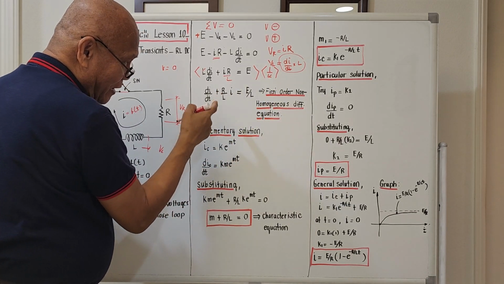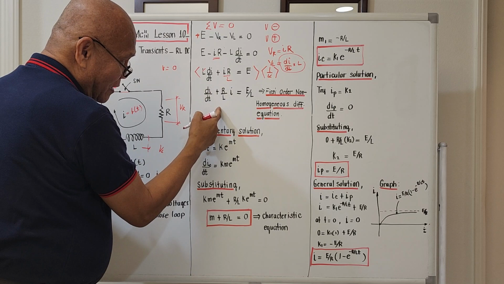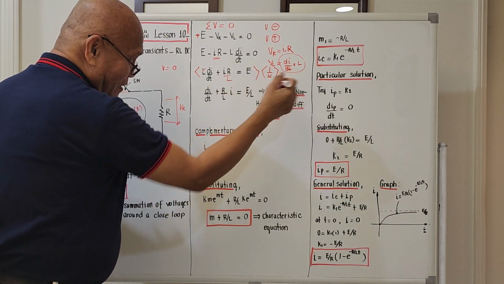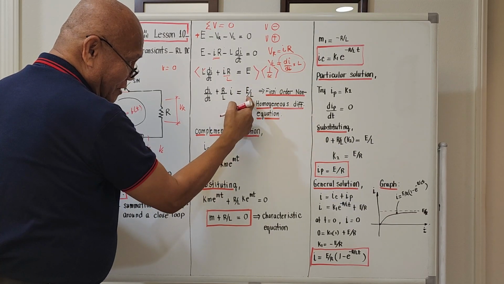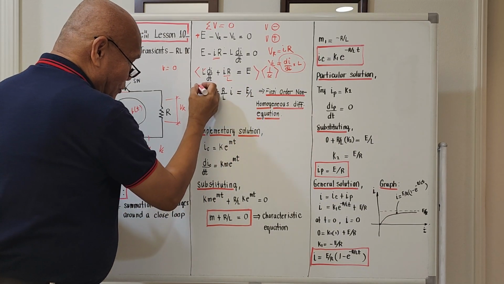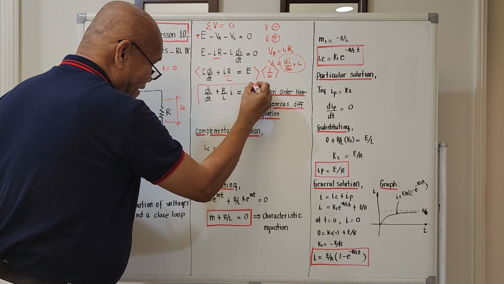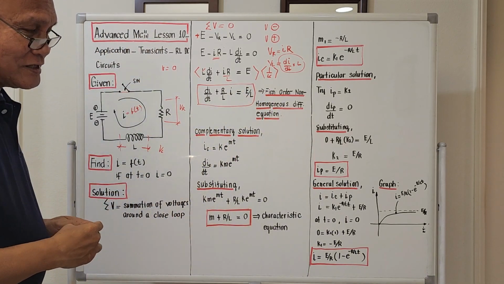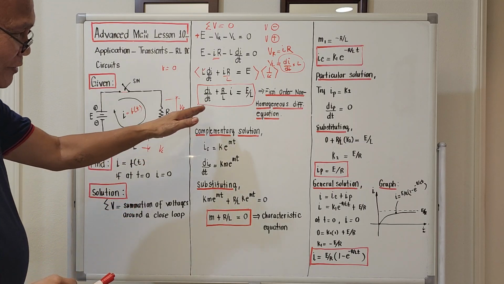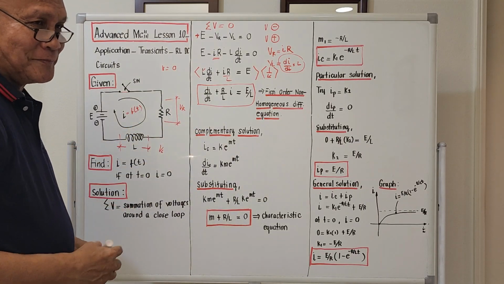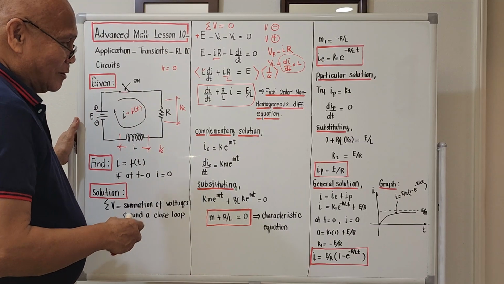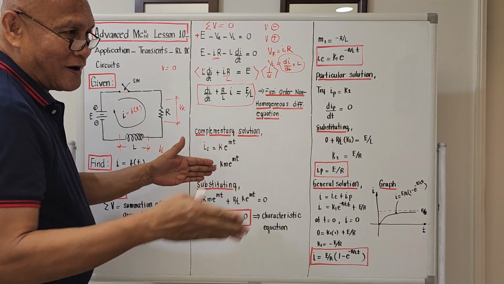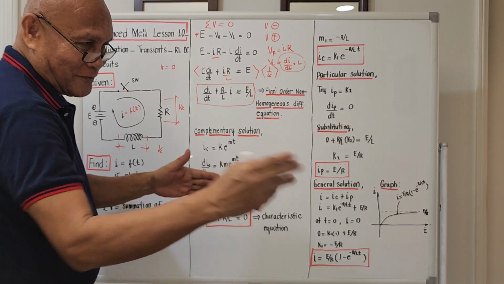So I can write this as simply R over L times I, and this should be equal to, the right hand side, E times 1 over L, which is E over L. And if you try to notice it, there is something similar to this equation here. It's a so-called differential equation. Instead of x and y, it will now be current as a function of time.